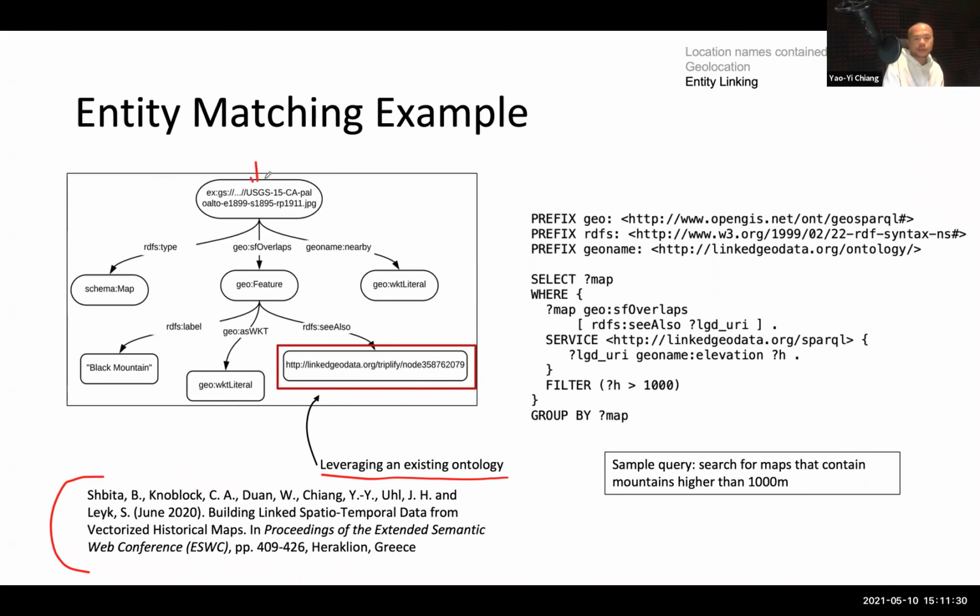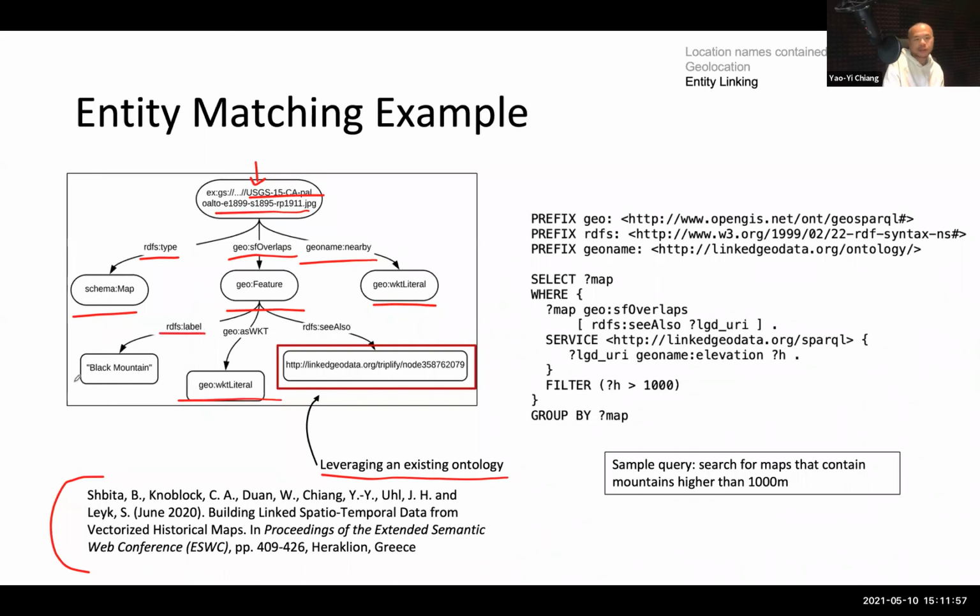This node has a link to a map image, and based on this ontology, you can see this node is a type of map, and it's nearby some WKT location and overlaps with some feature. This feature has some WKT, well-known text location, which is a geometry, and this feature has a label.